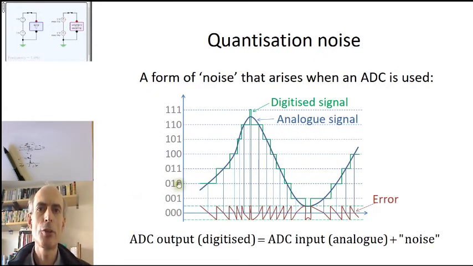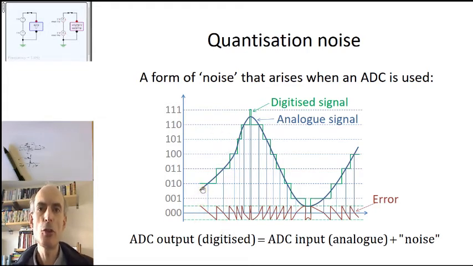Next, quantization noise. Quantization noise is associated with the process of analog to digital conversion. Now, in any analog to digital converter, the output can take a finite number of different discrete values. In this case, we have a 3-bit analog to digital converter. Its output can be anything from 000 to 111, but it can only be one of those 8 possible levels. The input, however, can be any analog level at all within the range of the ADC.